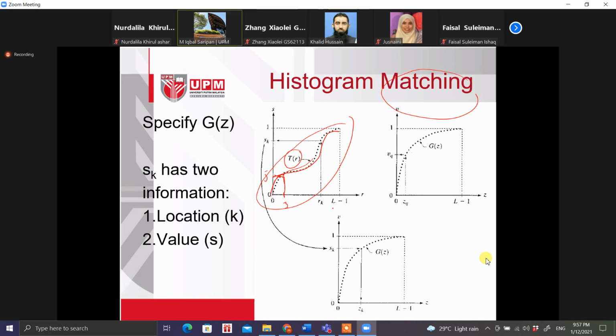If first we have a histogram of the image, then we can directly match our histogram to a function, something like this. It's not compulsory to first go for the equalization and then go for the matching. We can directly use any function for histogram matching.